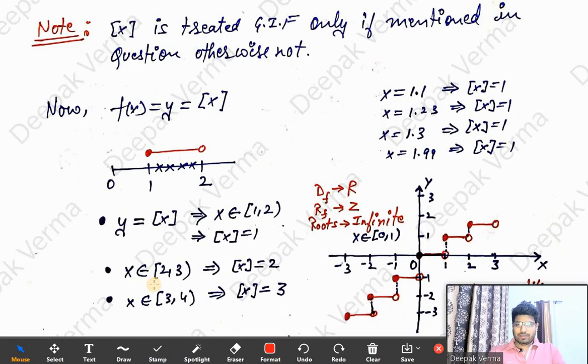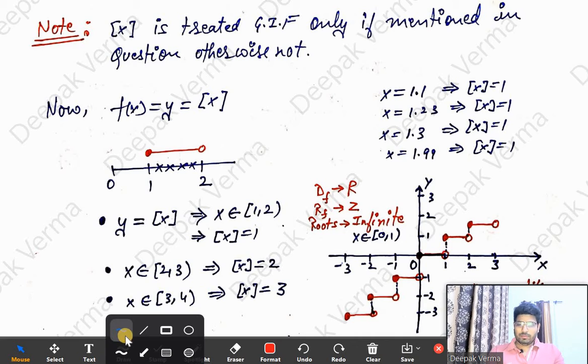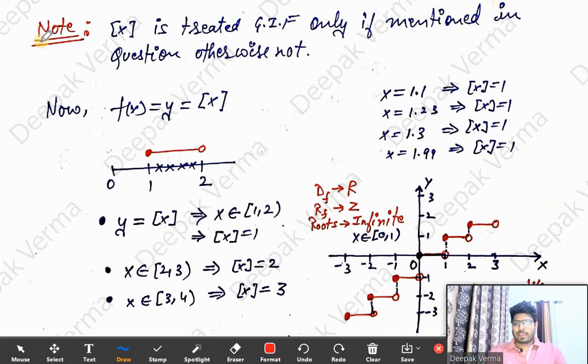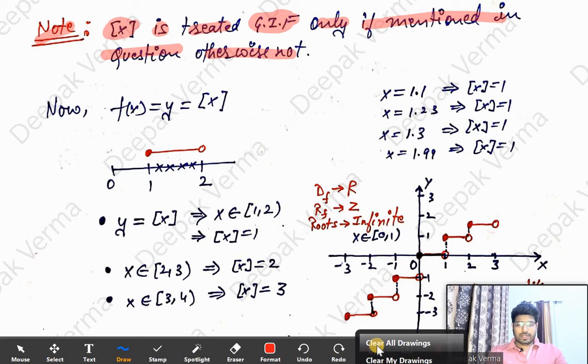So far, whatever we have studied, I hope everything is clear. Now note it down. Box X is treated as GIF, greatest integer function, only if mentioned in the question, otherwise not. Got it?